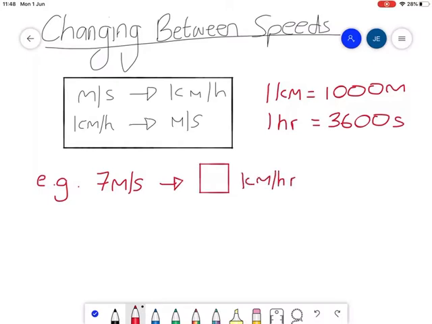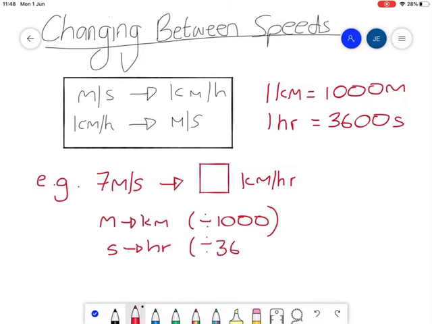if we want to change the meters into kilometers, that means we need to divide by 1,000. If we want to change the seconds into hours, that means we need to divide by 3,600.